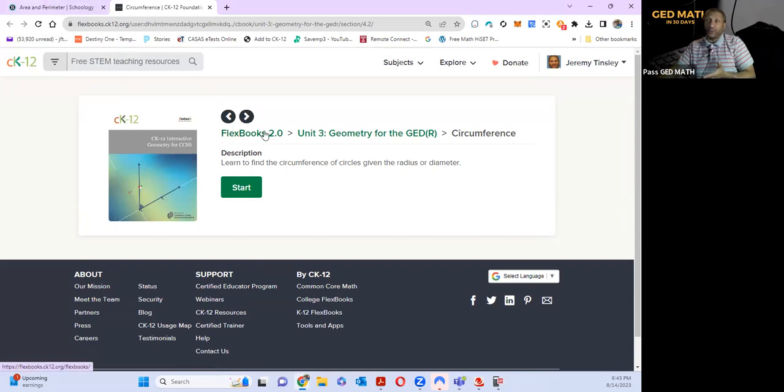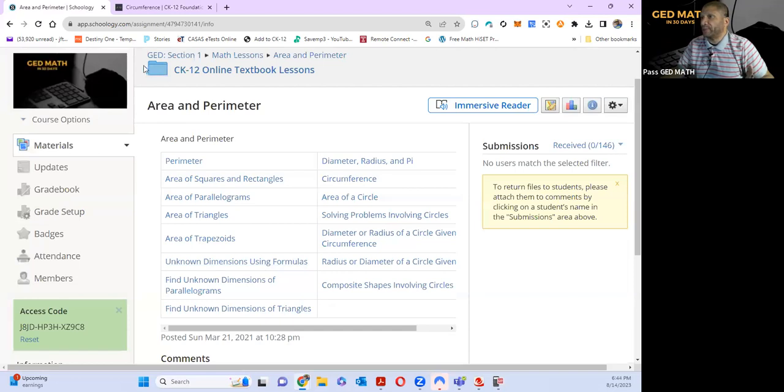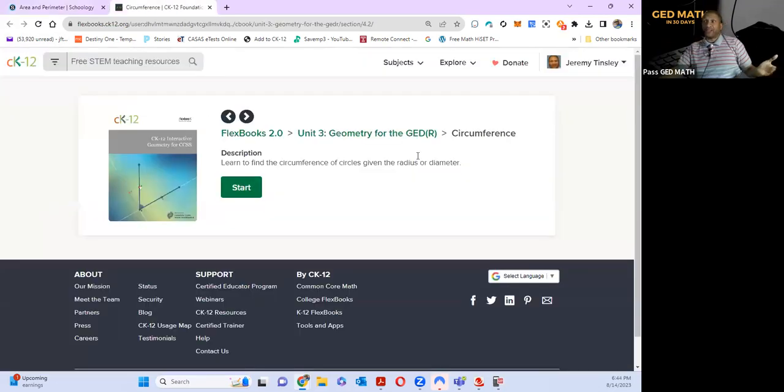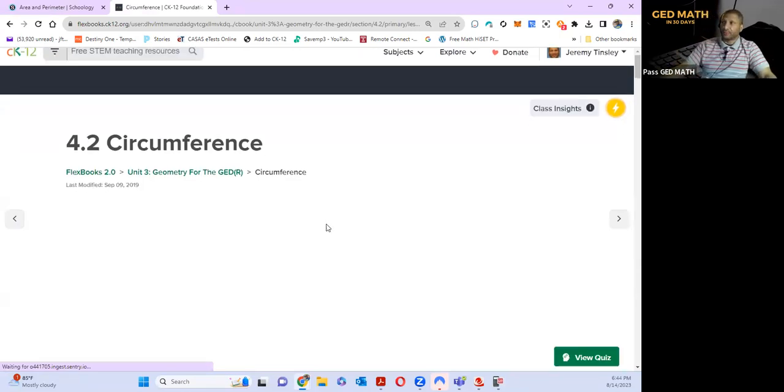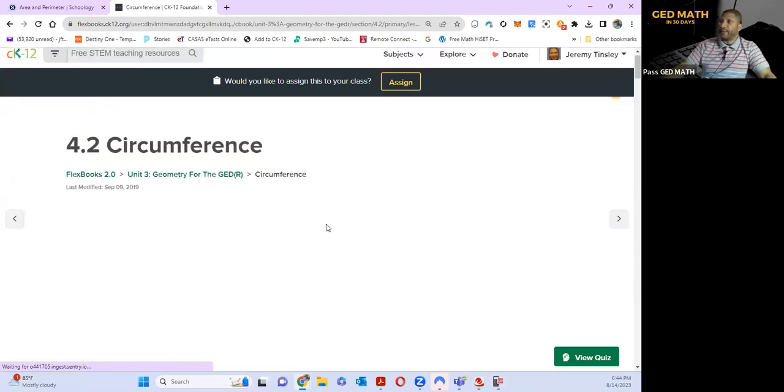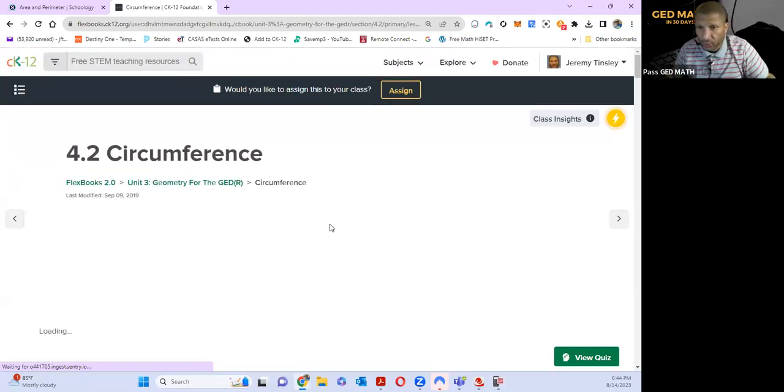This is the textbook. Okay. But we want practice problems. I thought I picked practice problems. I guess I did. Yeah, I picked online textbook lessons. So this is a textbook lesson on circumference. If you want to see how to do circumference from an online textbook, I put it right here. And you can go ahead and highlight notes.